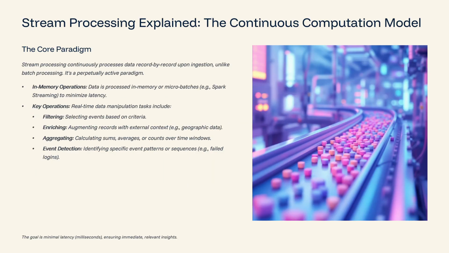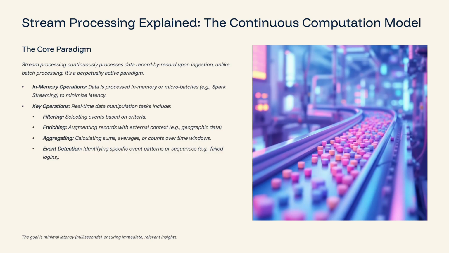So let's understand stream processing, that is a continuous computation model. The core paradigm is here. Stream processing continuously processes the data record by record upon ingestion. Unlike batch processing, it's a perpetually active paradigm.